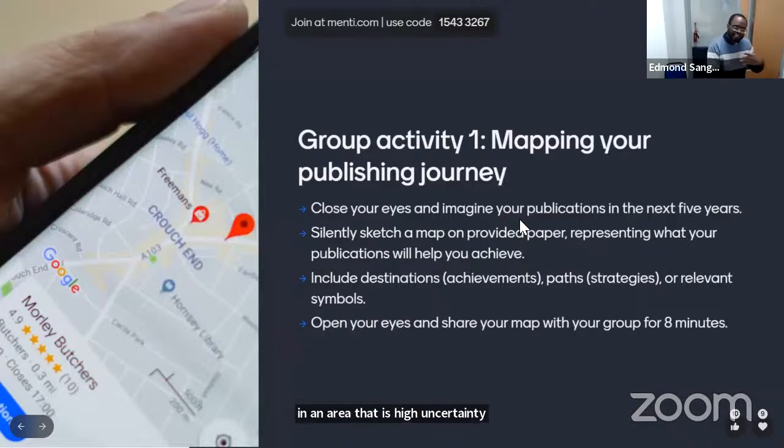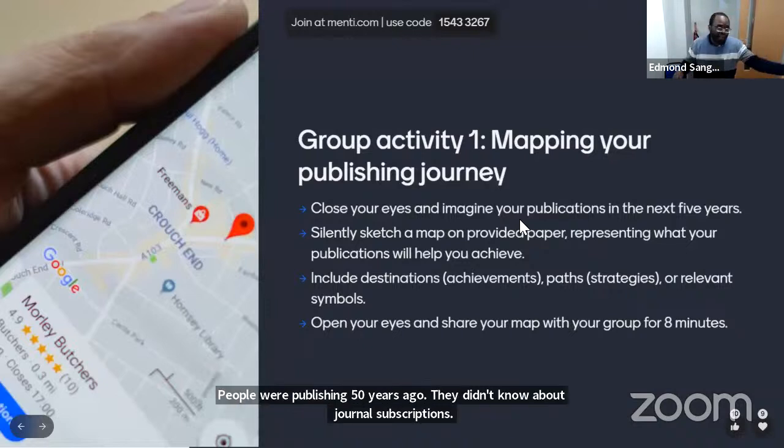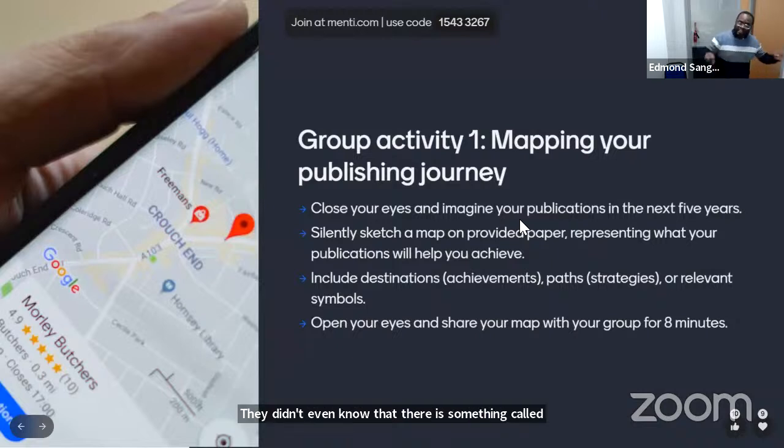There is a lot of uncertainty towards publishing trends. People were publishing 50 years ago. They didn't know about journal subscriptions. They didn't even know that there is something called double-blind peer review, right? The trends changed, right?